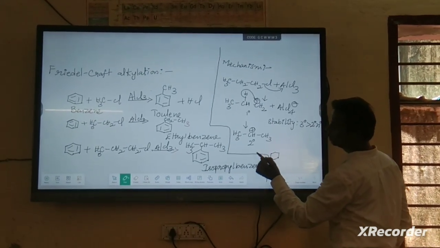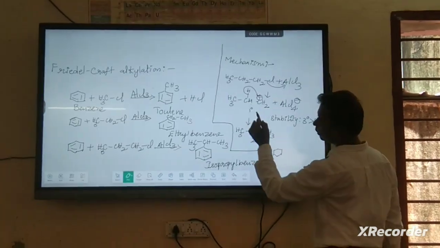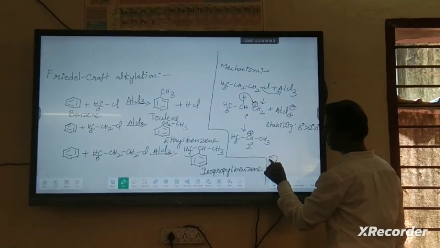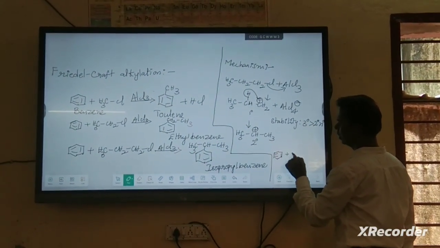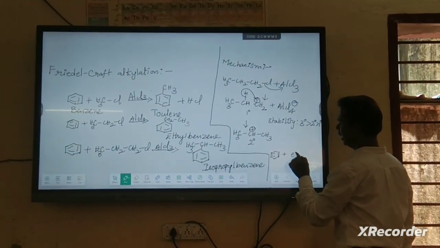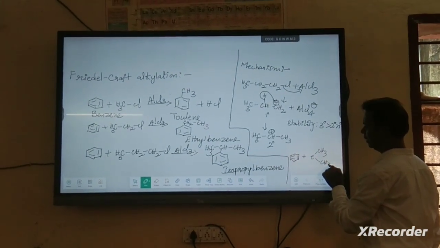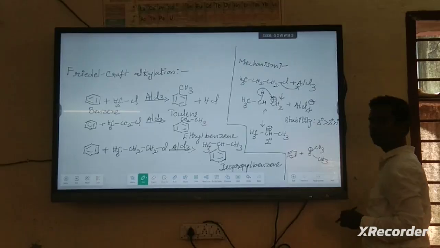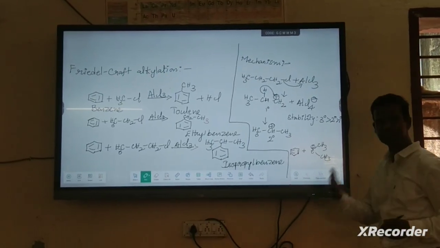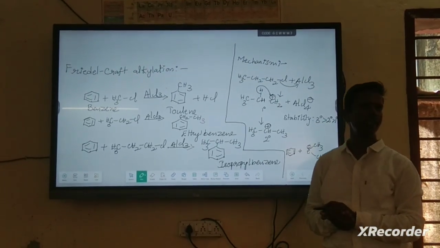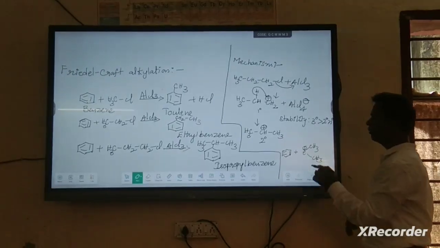Next, you have the benzene ring, and you have the electrophile also. Now what happens? You know the mechanism. In the previous class we discussed how it forms.